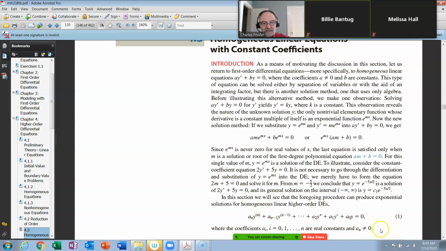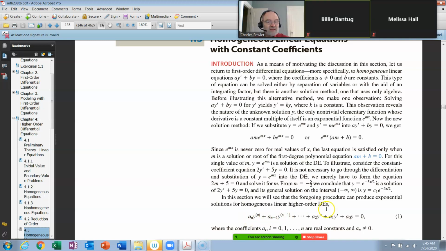By the way, this a sub n here is the only one that cannot be 0. Otherwise, if that was 0, that is not an nth order differential equation. It's an n minus first order differential equation. So if it's going to be an nth order differential equation, a sub n cannot be 0.